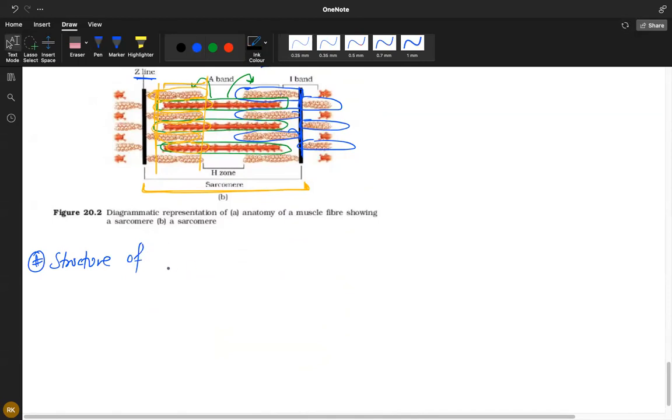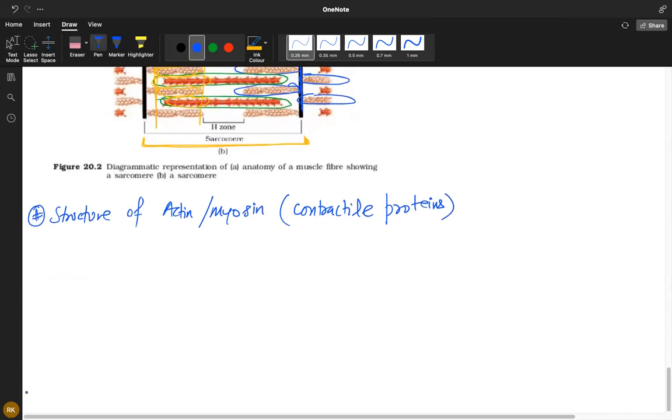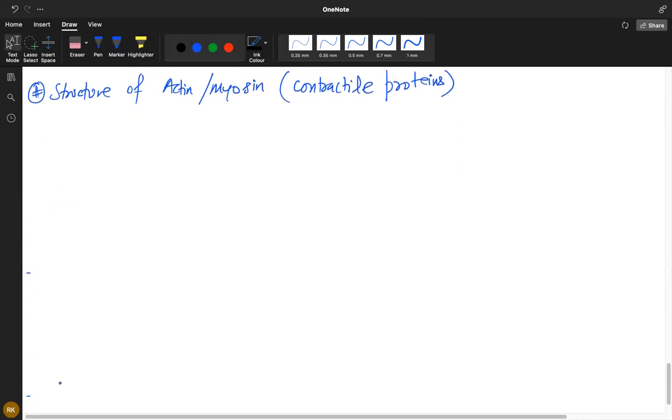They are actin filament and myosin filament. They are also known as contractile proteins because they give the muscle the ability to contract and relax. Now, how does it happen? We will talk about it. So actin and myosin are filamentous proteins or contractile proteins.